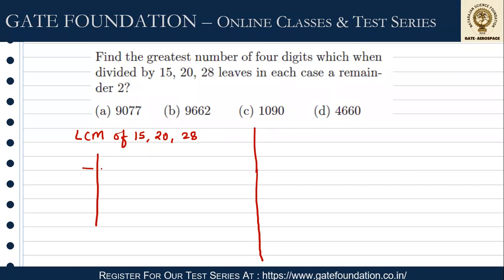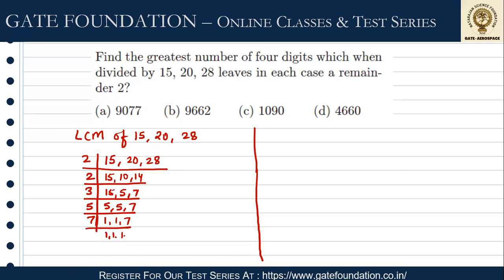So take prime factors. I'll start from 3, or you can also take 2 even. So 15, 10, 14 becomes 15, 5, 7, then 5, 5, 7, then 1, 1, 7, and finally 1, 1, 1.